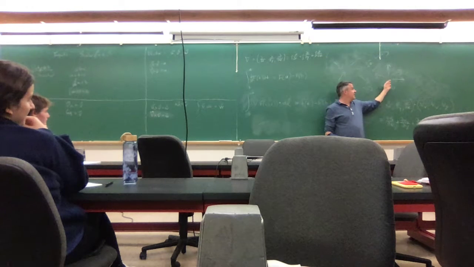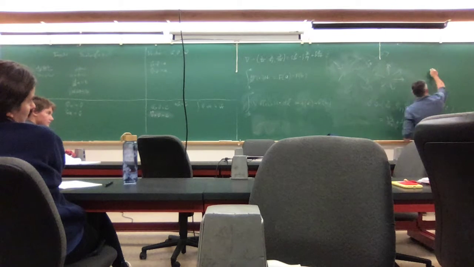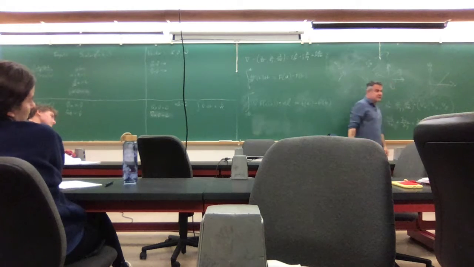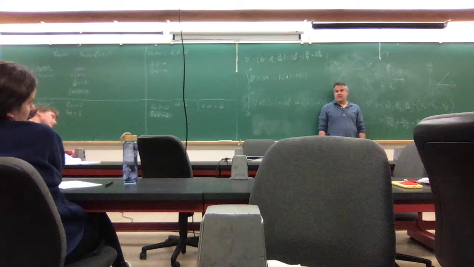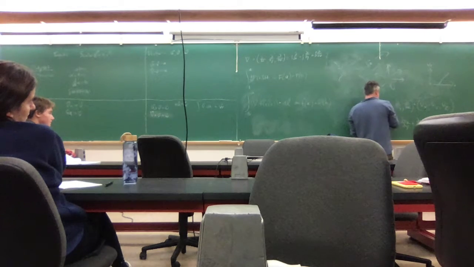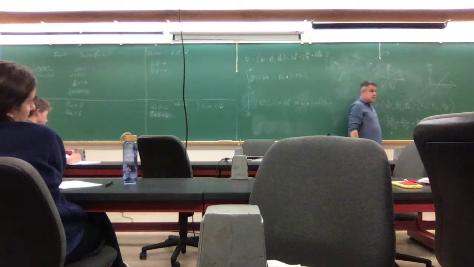It went from a negative to a positive as I increased x. So if I plot Vx by x, it's going like that. So is that a positive or a negative derivative? Positive derivative.